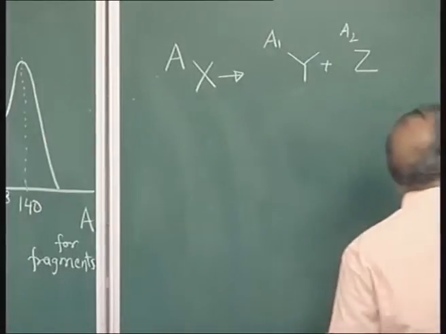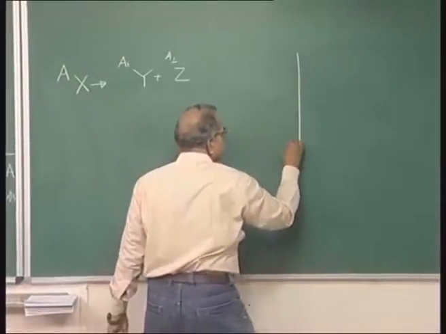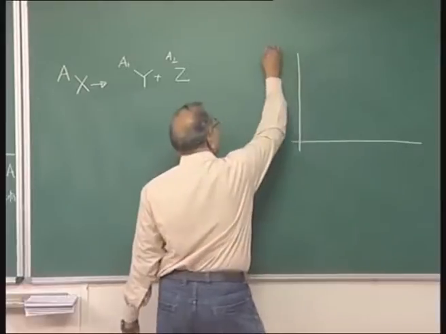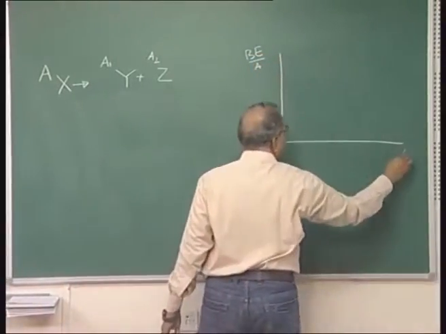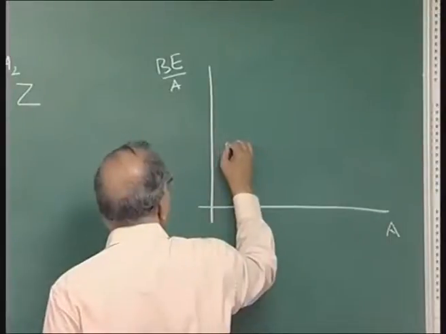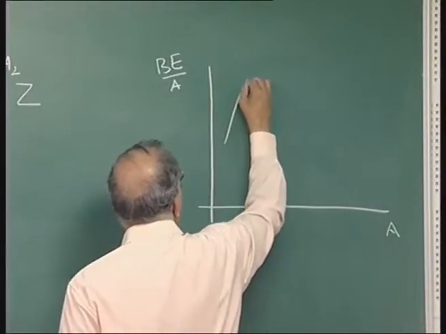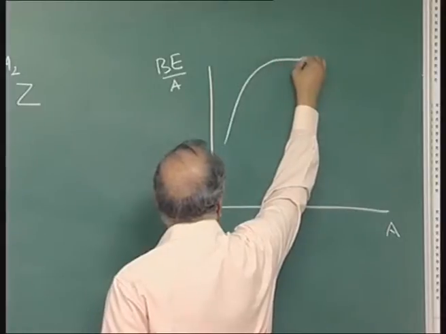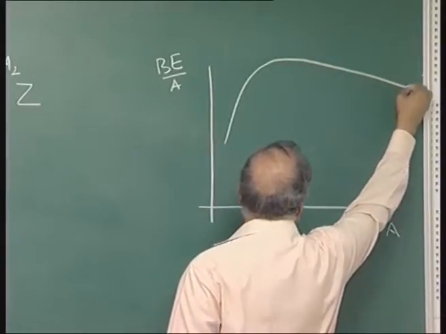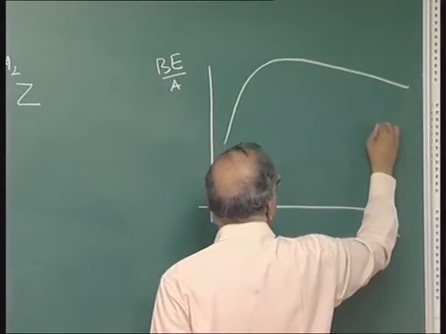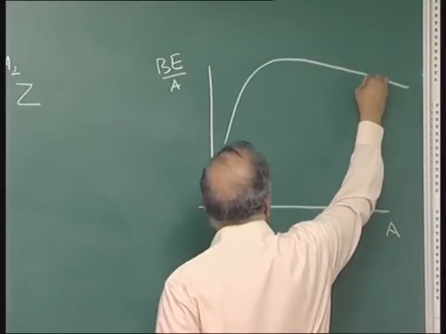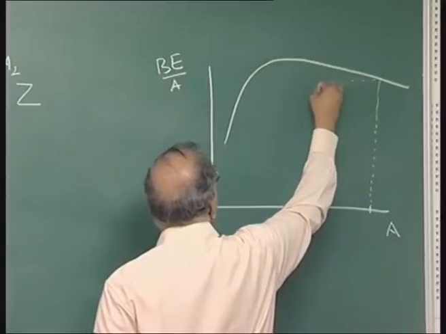So, if I have this binding energy per nucleon curve with me, remember it is something of this sort. So, this is, let us say, original A is here and here is the binding energy per nucleon.